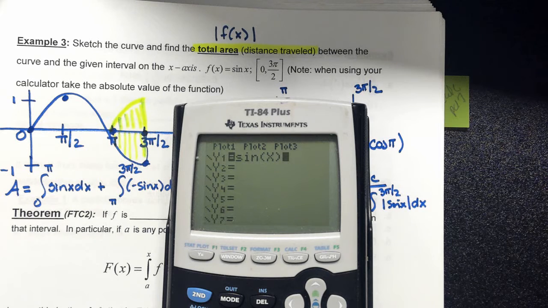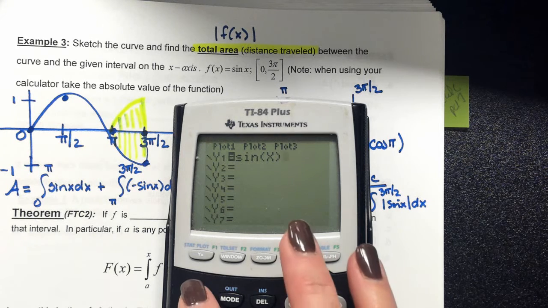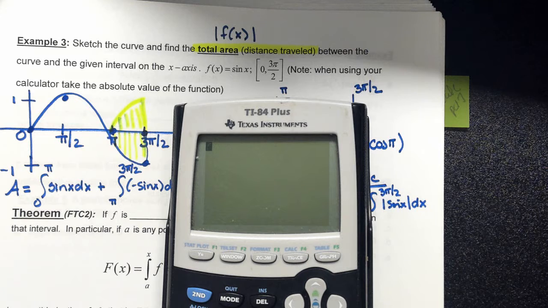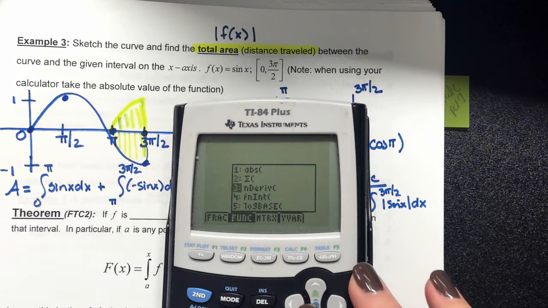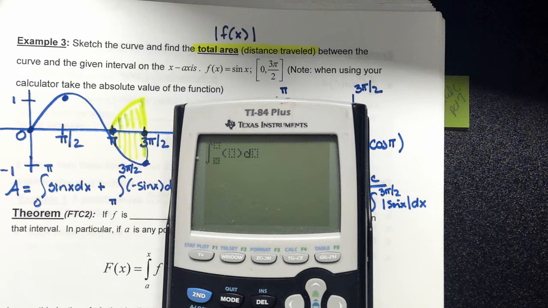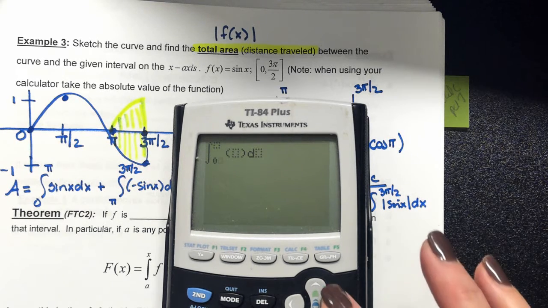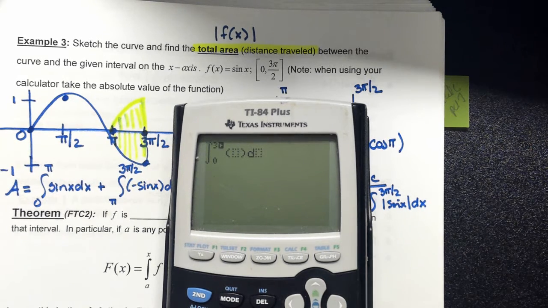When you want to evaluate your integral, just like we did derivatives, you want to go back to your home screen. You can come up with your integral going under your alpha window. It's right underneath the derivative option, option number 4. So you can type in your lower bound of 0, your upper bound of 3 pi over 2.